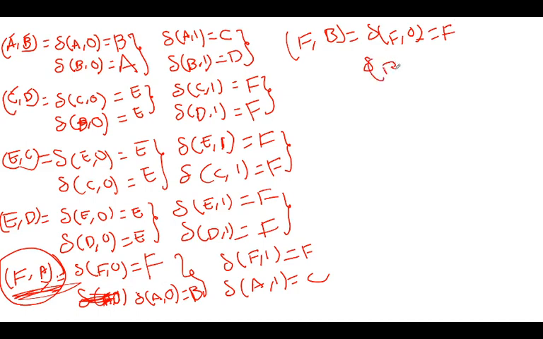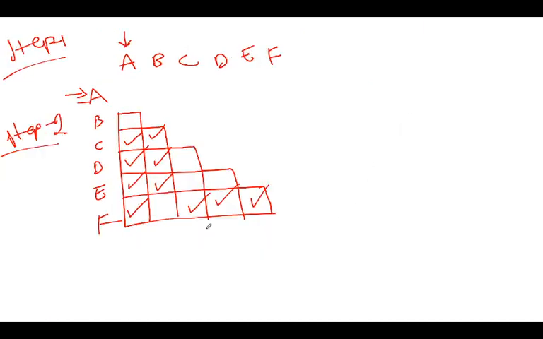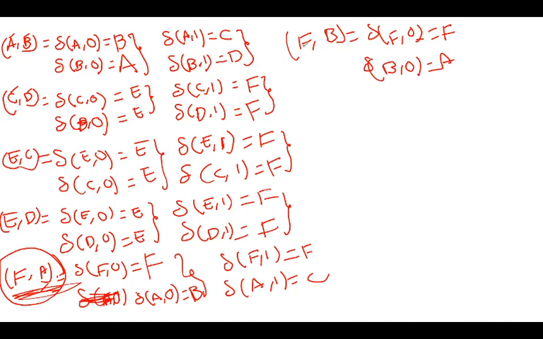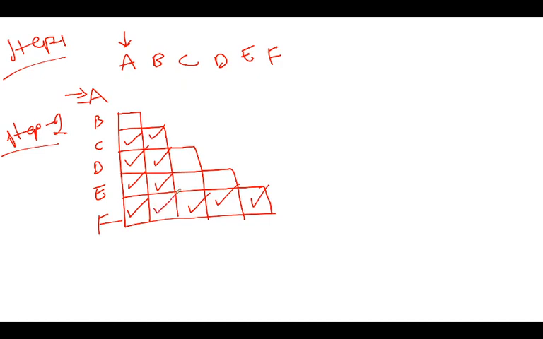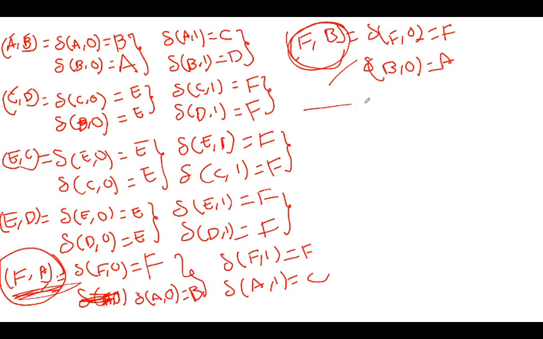Next, transition of B comma 0, already written, F. A clearly mentioned that FA is marked, so FB also we have to mark. So FB is marked. Okay, that is the first iteration, friends.